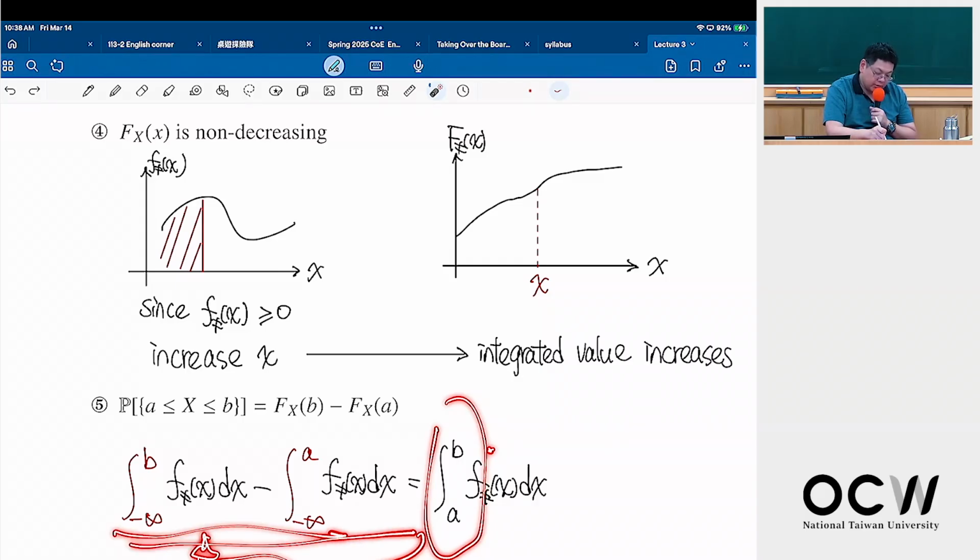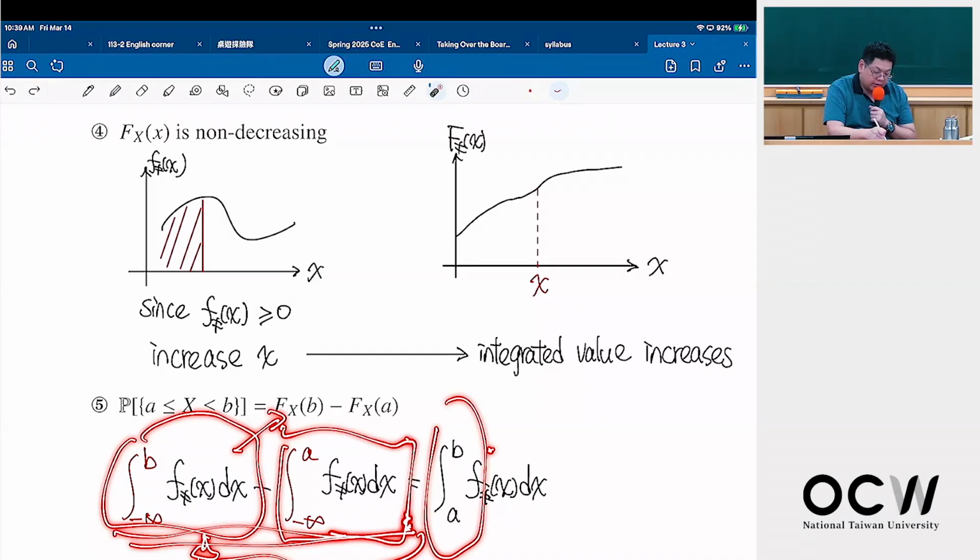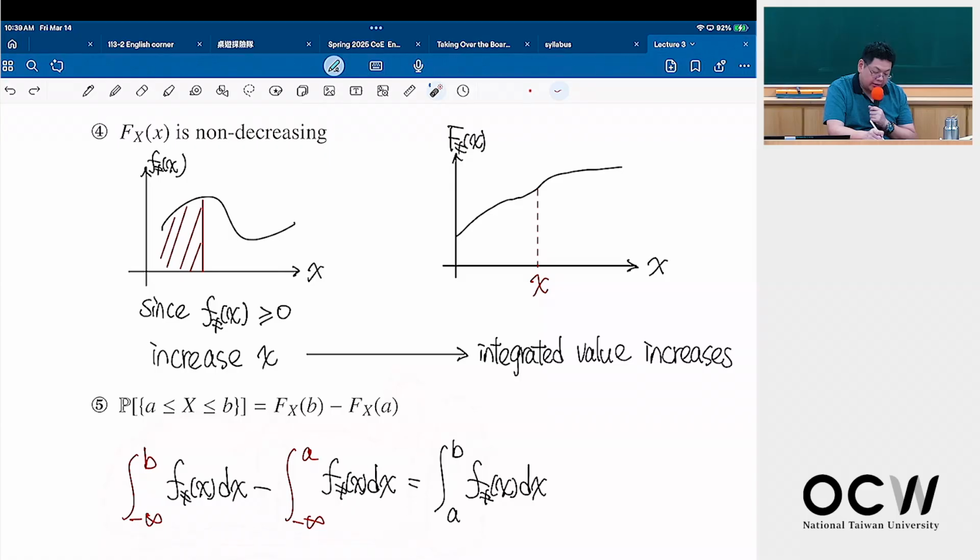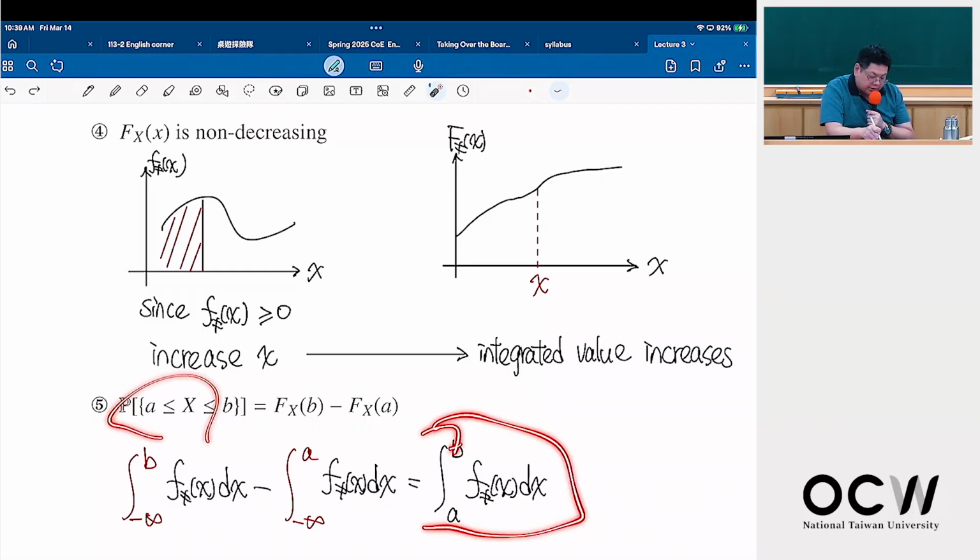So on the left-hand side, the first part will be the CDF at B, and the second part will be the CDF of X at point A. So we can either find the probability using the integration with the PDF, or you just have your CDF and do the subtraction.